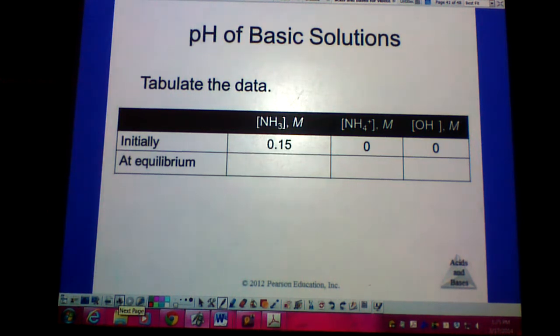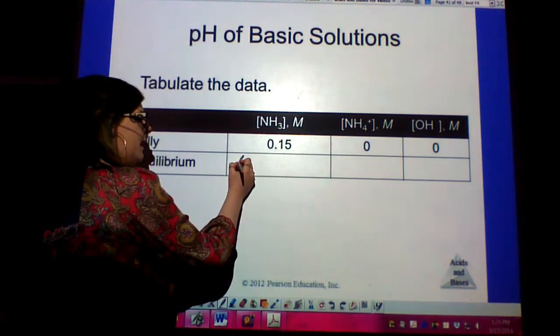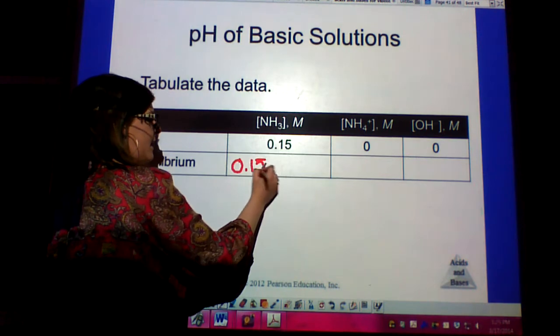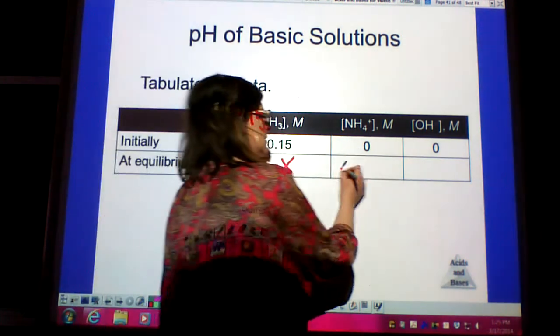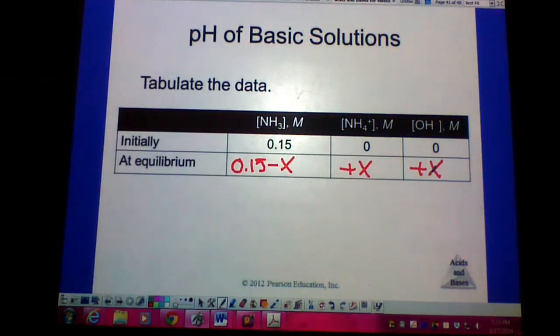Then this is just going to change by minus x, plus x, plus x. So at equilibrium, I have 0.15 minus x, plus x, plus x. Should you still show your change? Yes, you should. This isn't technically an ICE box, but we should still show the change.